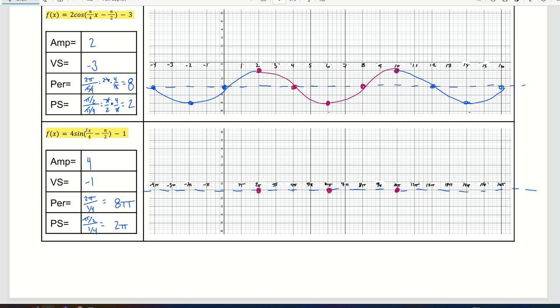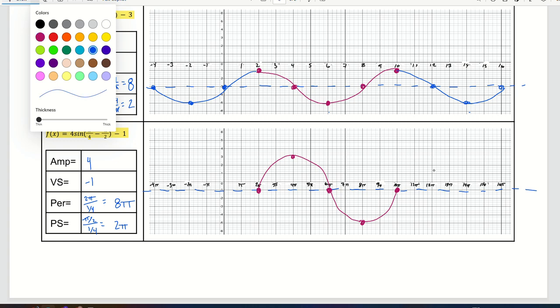Directly in between those first two, we have our peak, which from our midline, we go our amplitude of 1, 2, 3, 4. And in between these two, we have our trough. We go our distance from our midline of 1, 2, 3, 4. And this, in maroon, is our first period.